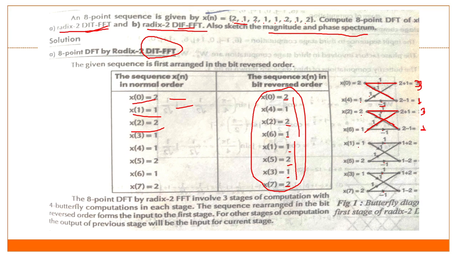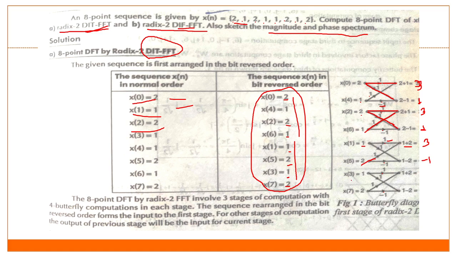Next case, 1 into 1, how much? 1. Then 2 into 1, 2. So 1 plus 2, how much? 3. You have to write 3 over here. The second case, 1 into 1, I have written 1 over here. And 2 into minus 1, minus 2. So 1 minus 2, how much? Minus 1 over here.